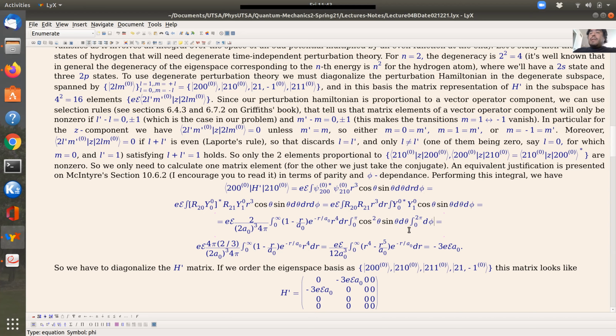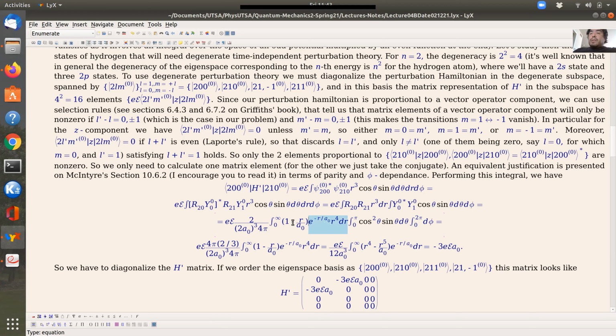So that one you can do easily. In fact, this one comes easily out too because you have sine of theta, which is the derivative of the cosine, and you're integrating over 0 to pi. So basically you can use calculus and just compute this one. And the remaining part is just the radial one.